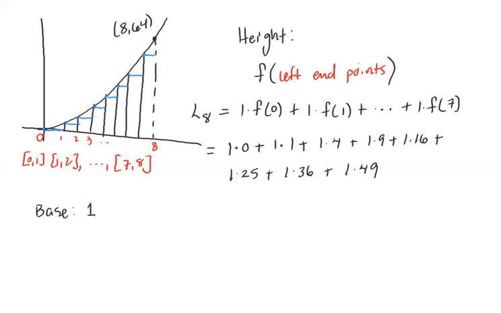And so that is multiplying the base and the height of 1, 2, 3, 4, 5, 6, 7, 8 rectangles. If I add those all together, I get 140. Okay, so this is the left sum.